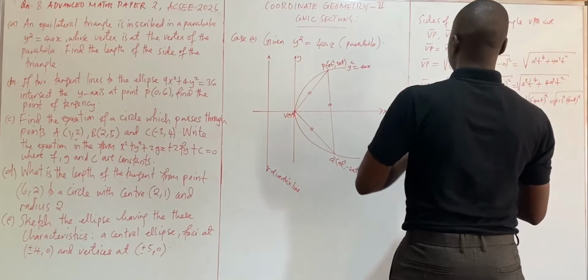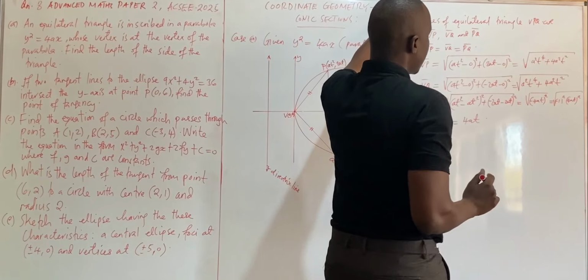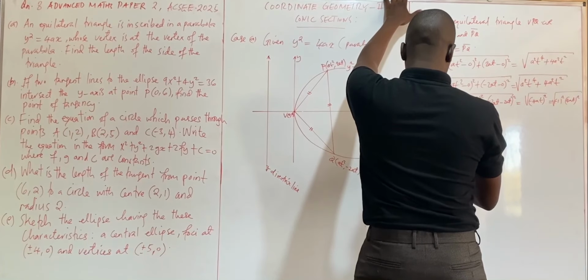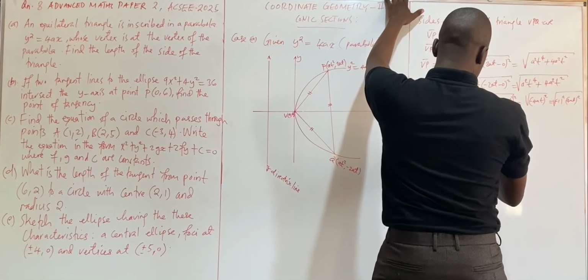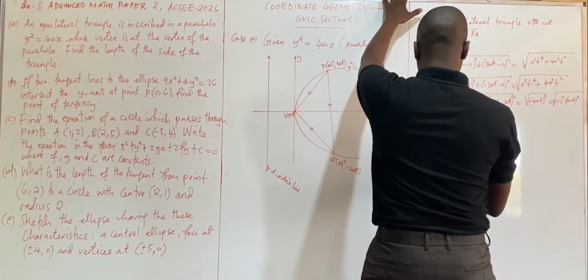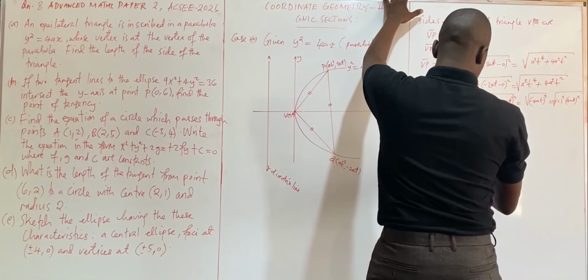So if that to be the case, now we compare, because for the concept of equilateral triangle, it means the lengths of the side are equal. So now we say for equilateral triangle VPQ, it means the length VP the same as VQ is the same as PQ.